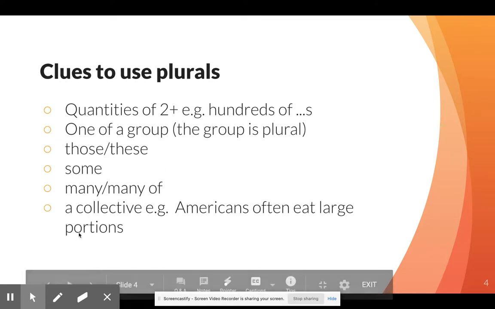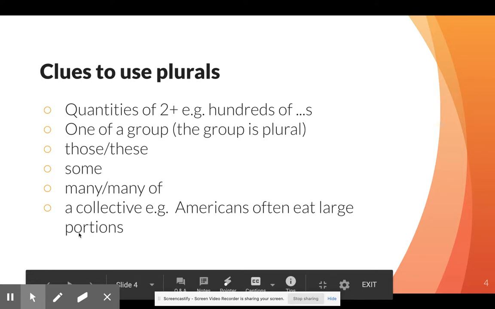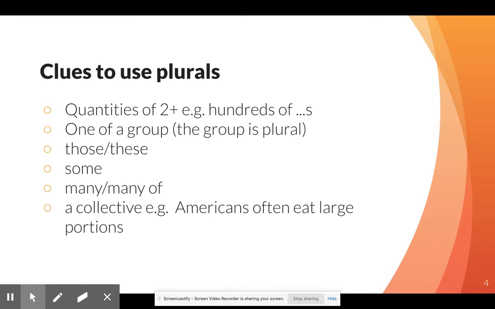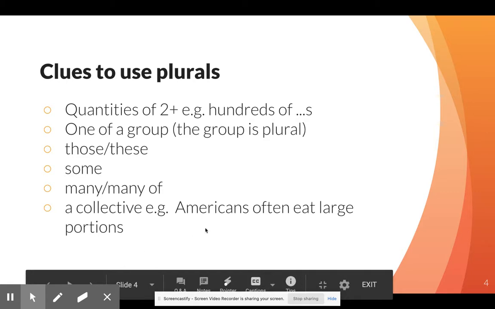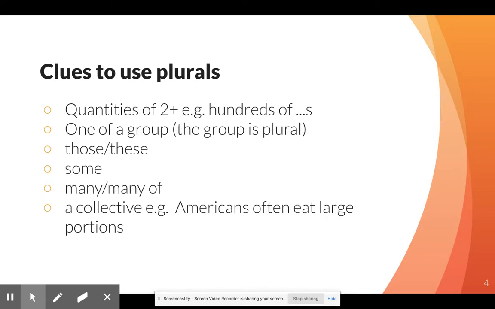And the most tricky aspect of this is when we have a collective. So we just have to know that we're talking about a group. For example, Americans often eat large portions. I'm talking about a collective there. I'm talking about Americans as a group. I'm not talking about the American who I know living in my building often eats large portions.